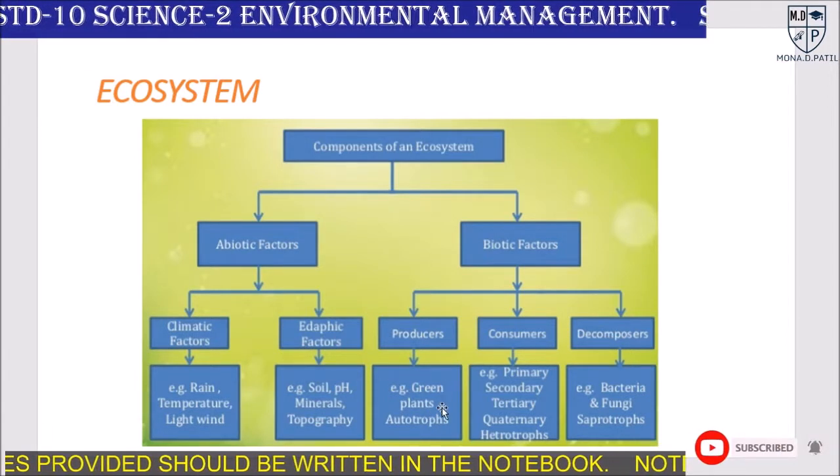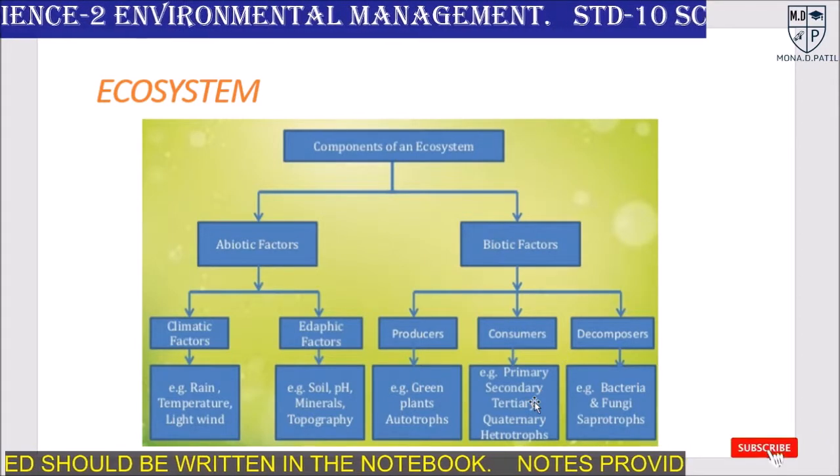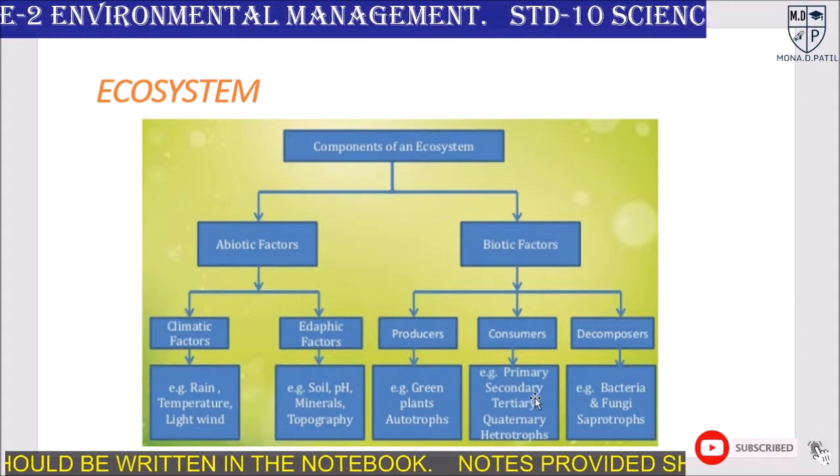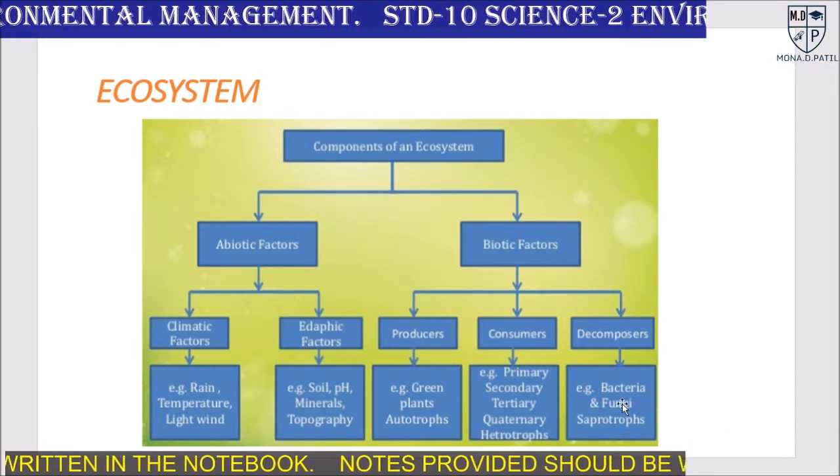Producers means all the green plants or autotrophs. Consumers are primary, secondary, tertiary, and quaternary heterotrophs. Decomposers are like bacteria, fungi, and saprophytes.